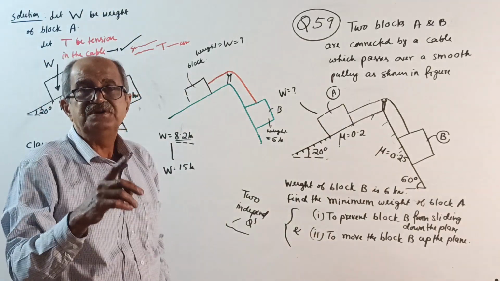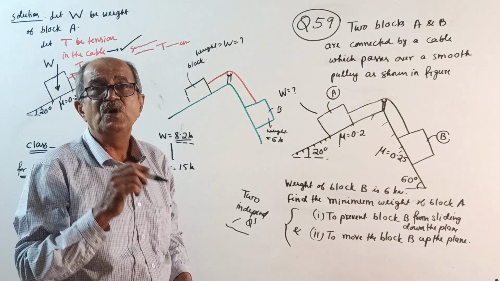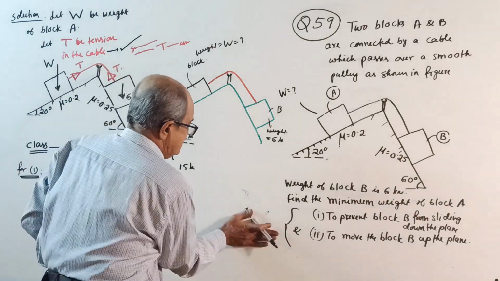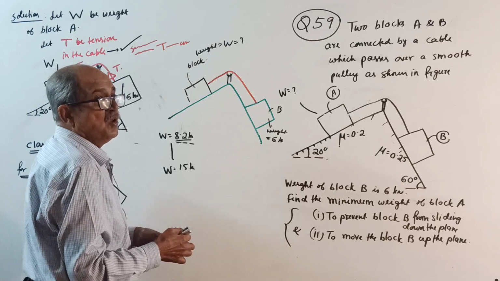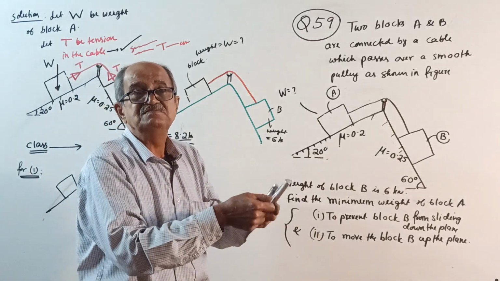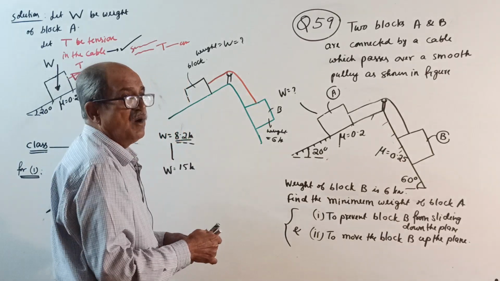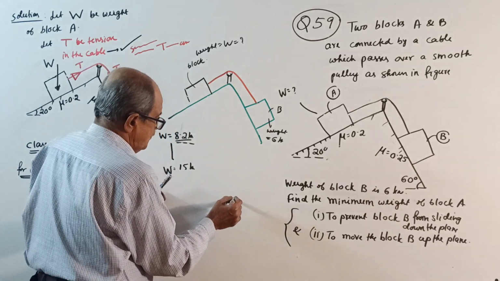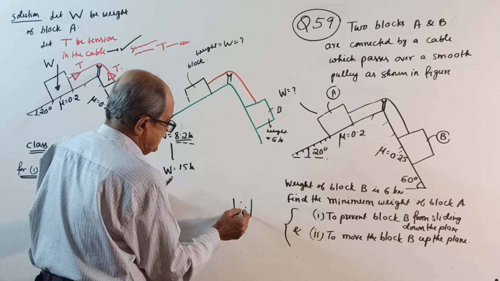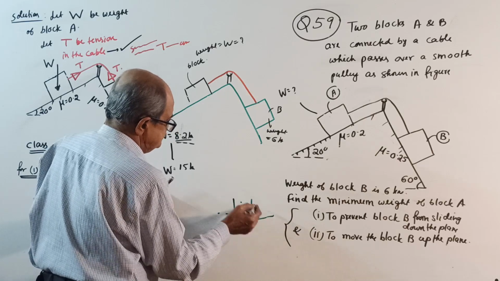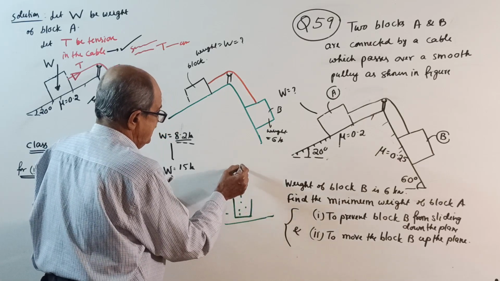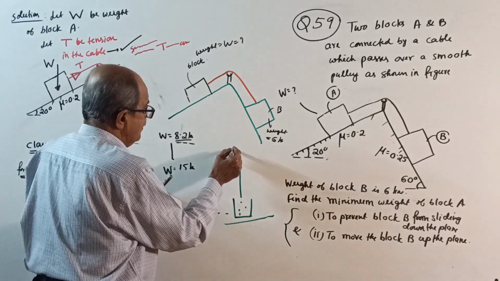Or still, for example, I will tell one more example for you. Imagine you want to draw water from a well. You know how to draw water from a well. The bucket is there, water is there. This is the water. The rope is there, and then over the pulley it will come.